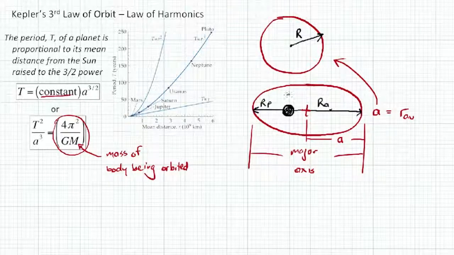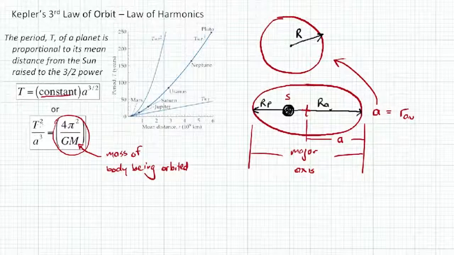If this were the sun right here, for example, we would put in the mass of the sun there. Or if we're talking about an object going around the Earth, we would put in the mass of the Earth. So this big M is the big body, the big planet, the big object that we are going around.